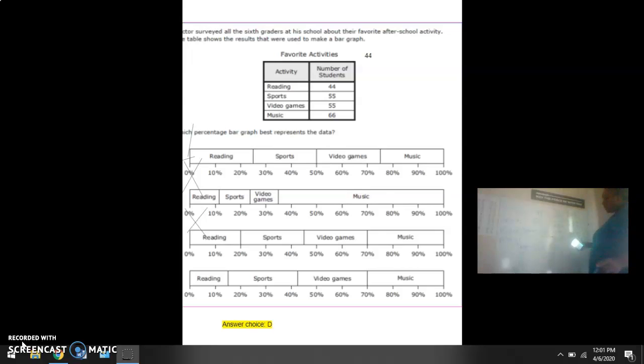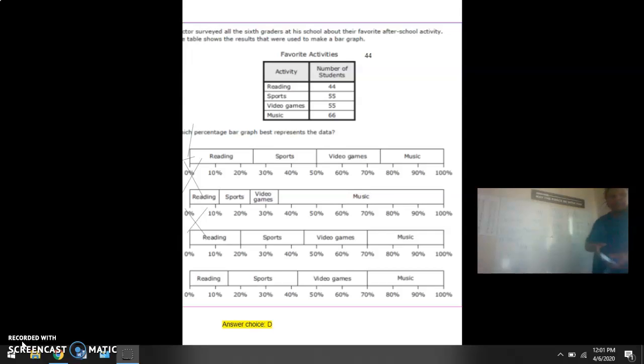My next one is 66 over 220. I'm going to T-bow that. 66 divided by 220 is decimal 3, which as a percentage is 30%. Now I just converted everything.